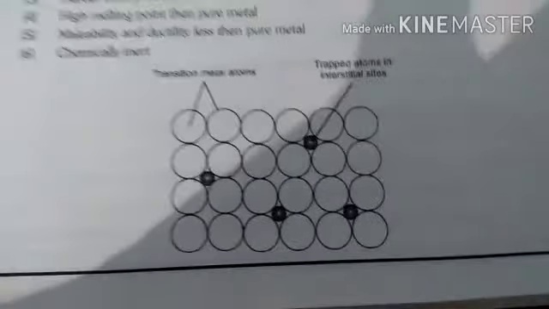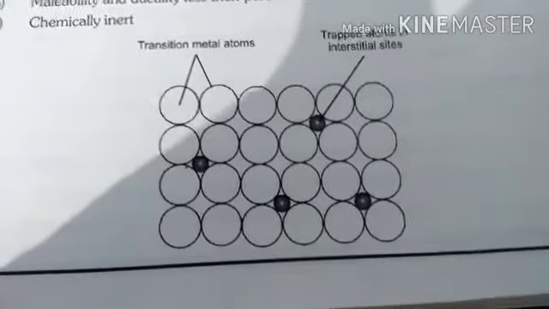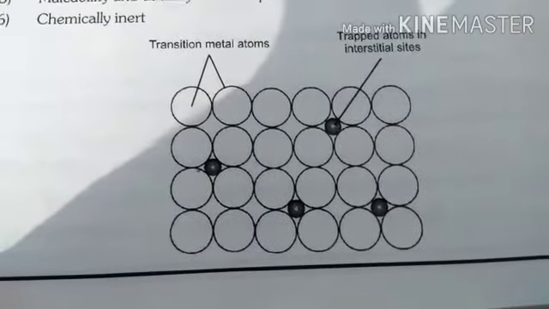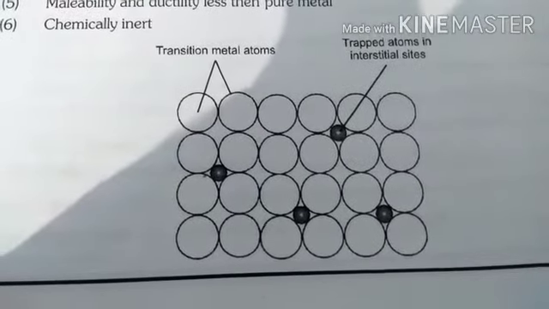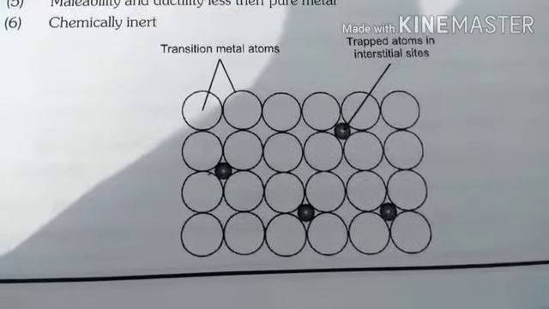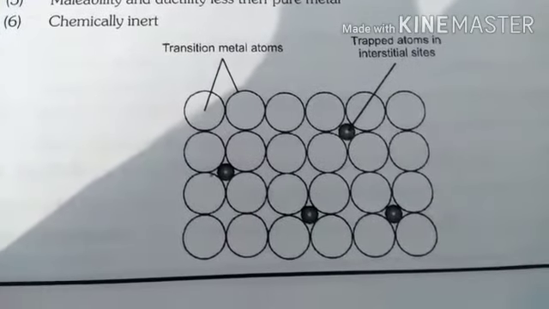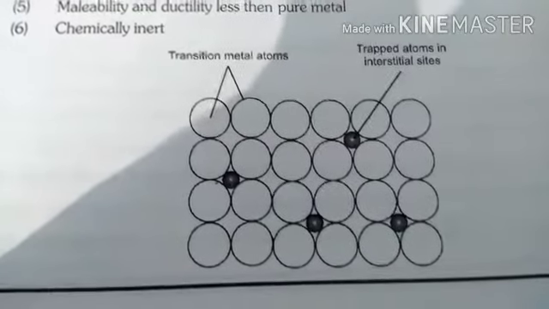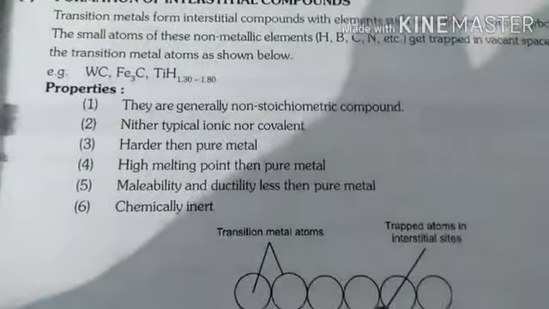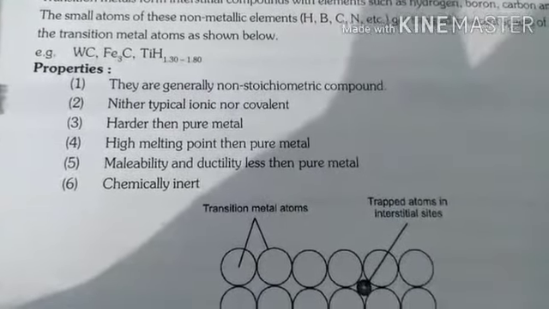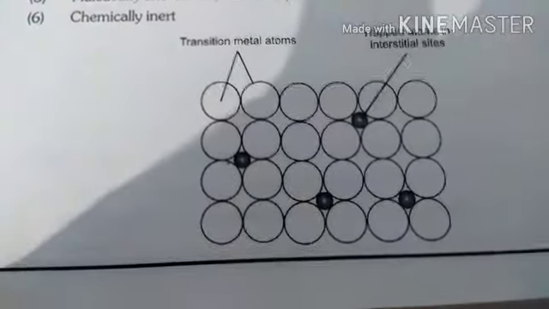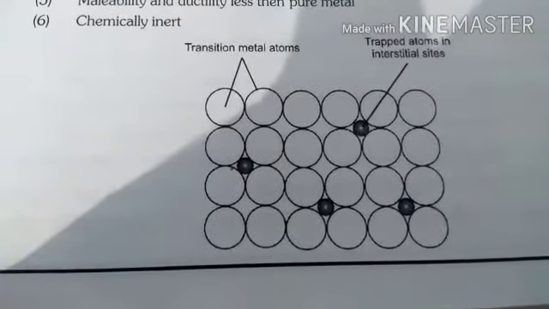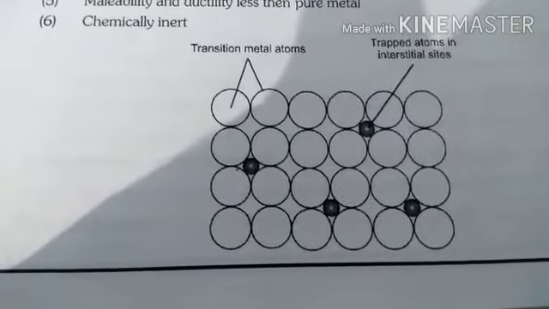You can see in this diagram, all white circles are transition metal atoms, and when some small elements such as carbon, boron, hydrogen and nitrogen etc. are trapped in between the transition metals, then interstitial compounds are formed.